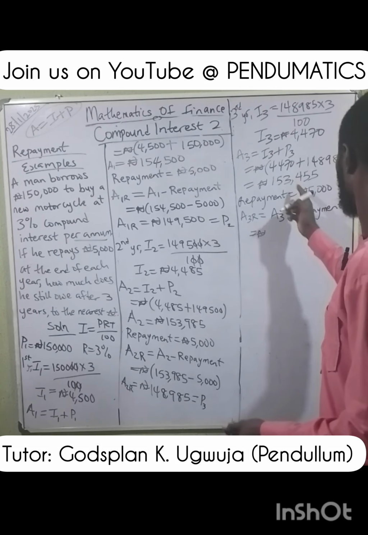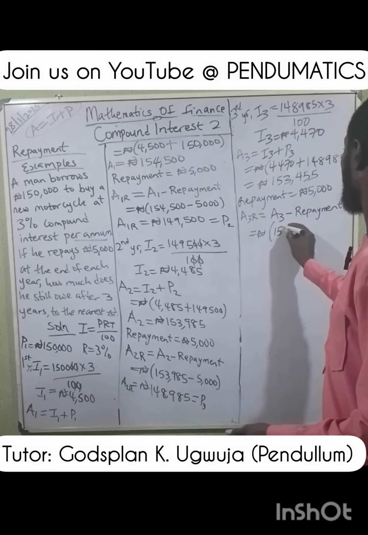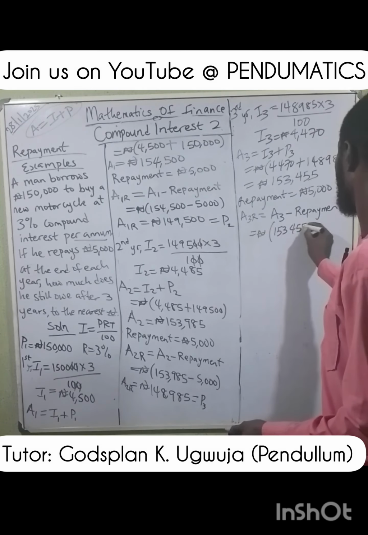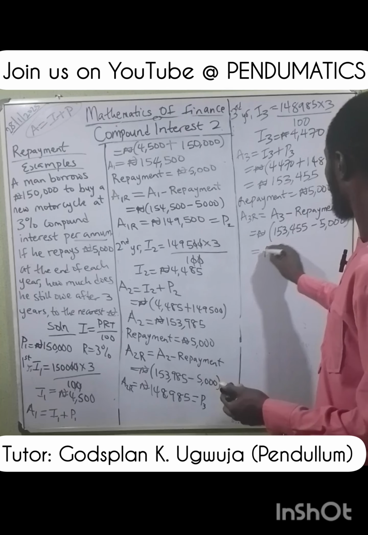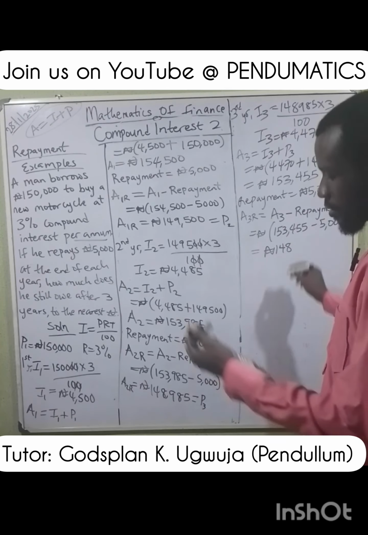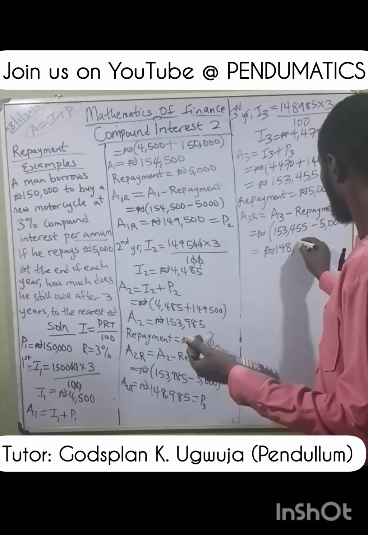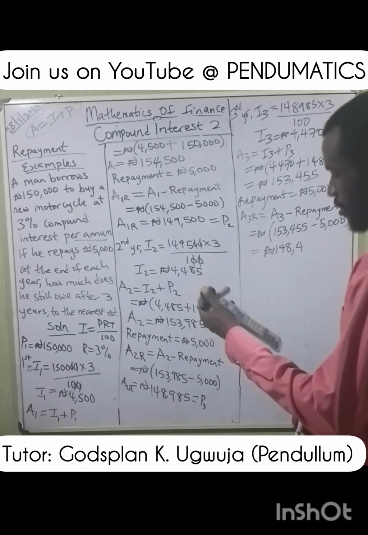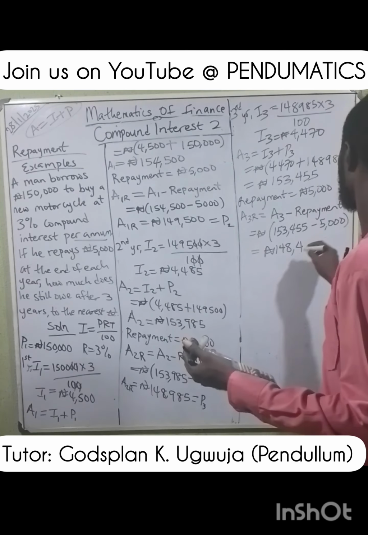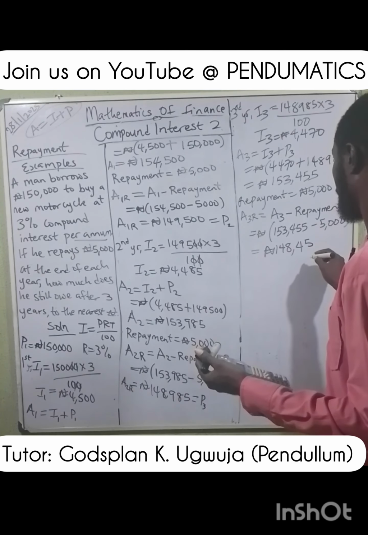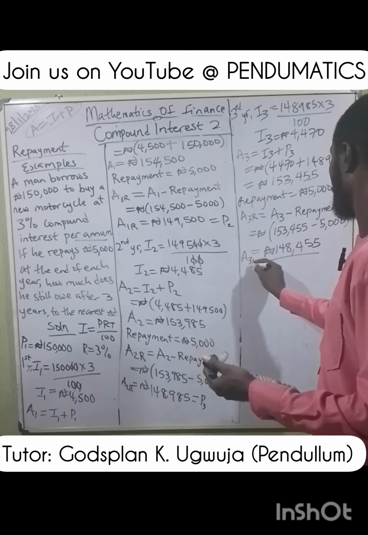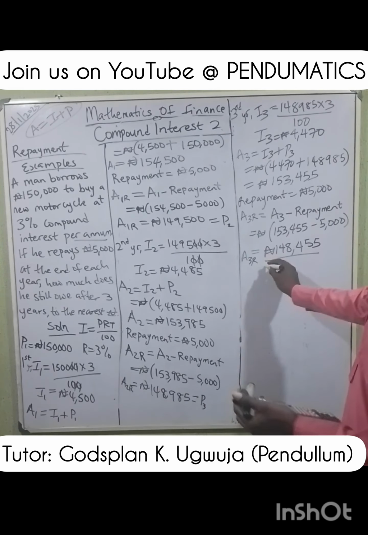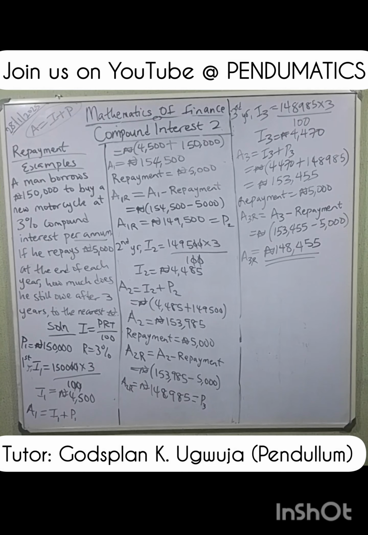And this is 153,455 minus 5,000, which is 148,455 naira. Alright, so this is the amount he still owes at the end of the third year to the nearest naira.